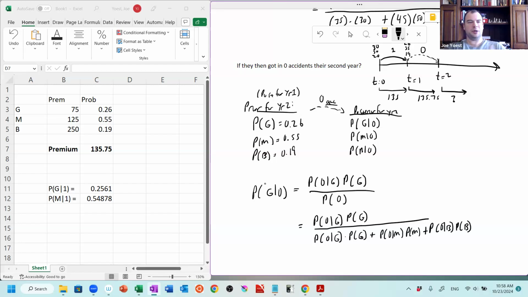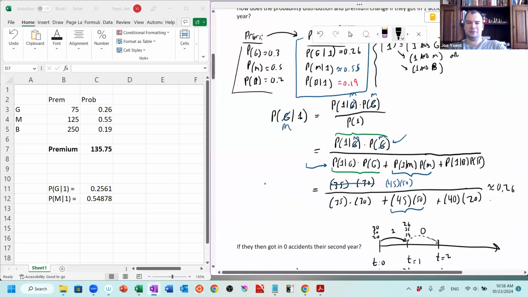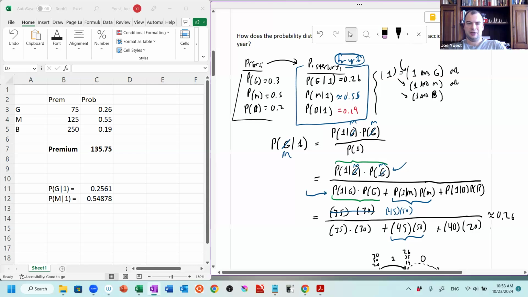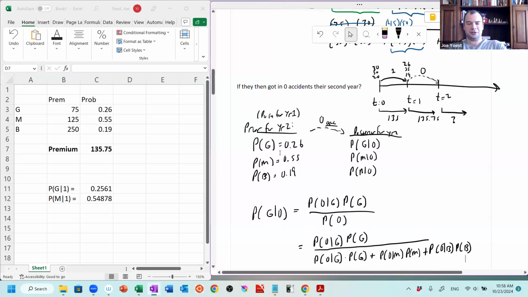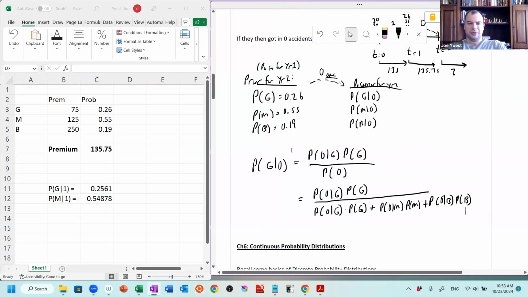Now here, when I write probability of good, moderate, bad, I'm talking about the prior for this year, which is the posterior for year 1. The posteriors for year 1 become the priors for year 2. Those are the numbers I'm inputting for probability good, moderate, and bad, not the 0.3, 0.5, and 0.2 anymore.